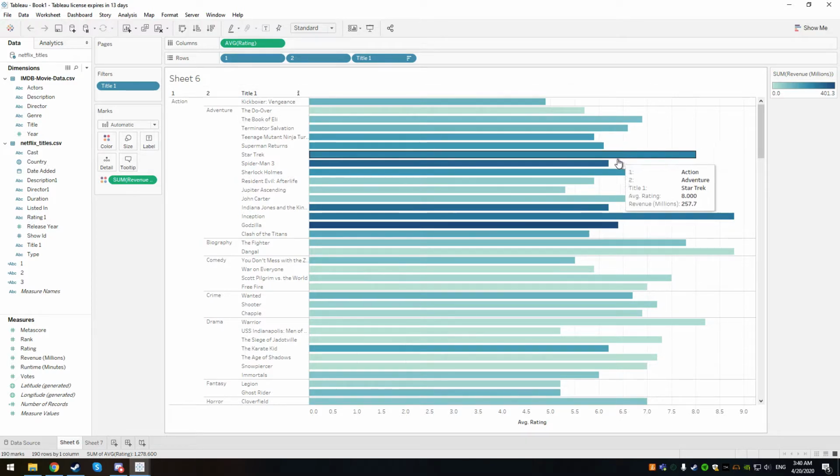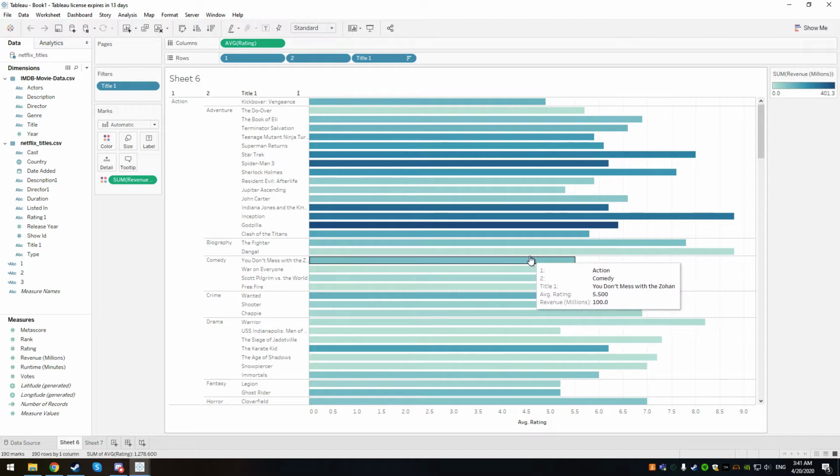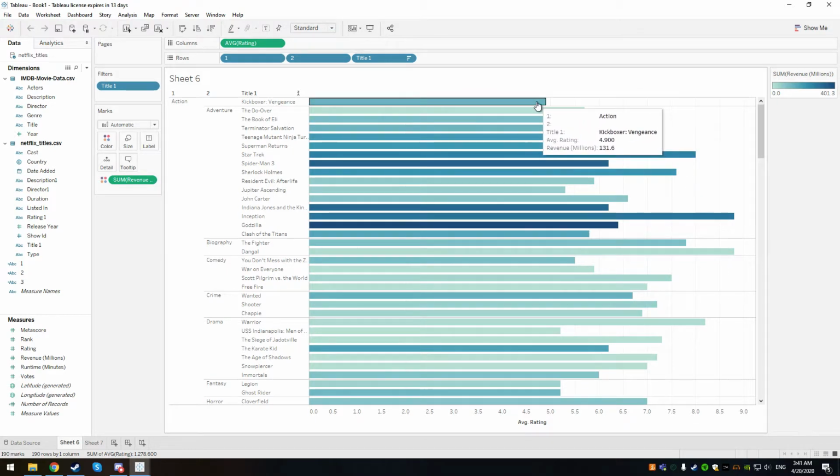You can easily tell which title has much more rating than the others or not. The size represents rating, and its shade represents the revenue or the income of it. The darker it is, the more money this movie can make.